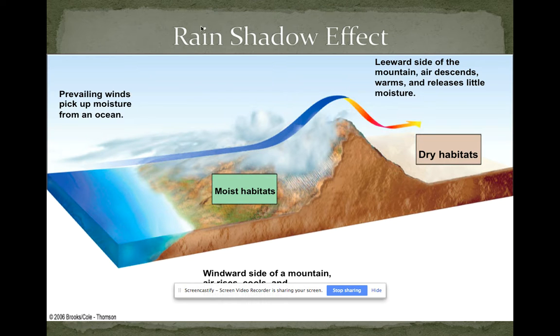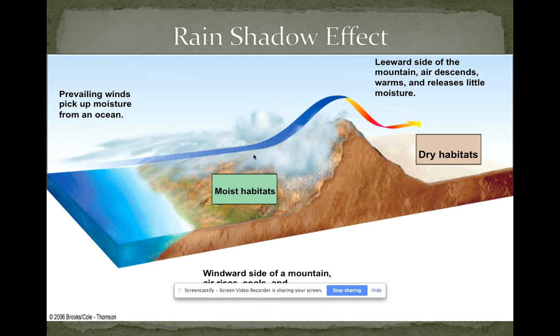This is an effect called the rain shadow effect. It again deals with mountains. We have a windward side and a leeward side. The windward side is the side where the wind is first blowing to, and most of the time it's around an ocean or lake. There's a lot of moisture in the air from the ocean or the lake, and that air mass is blowing towards the mountain.